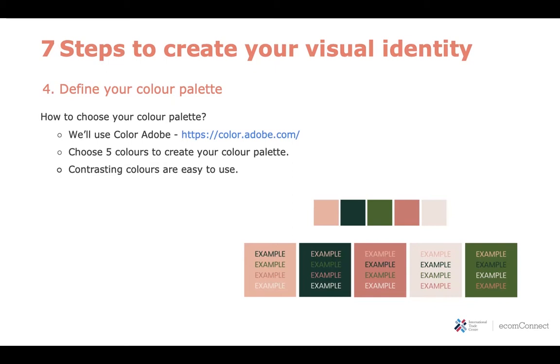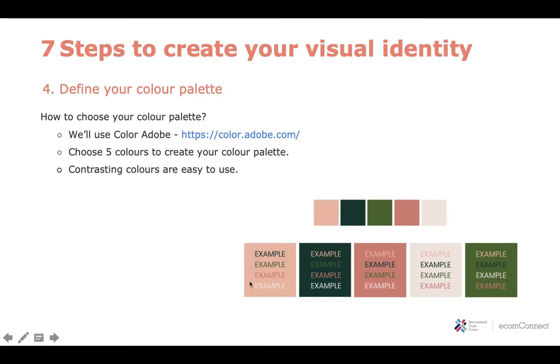I've added text in the squares with the rest of the colors so you can see how the rest of the color palette contrasts or not with the background. For example, in the first square I have this peach background and I have written text in dark green, pink and white.